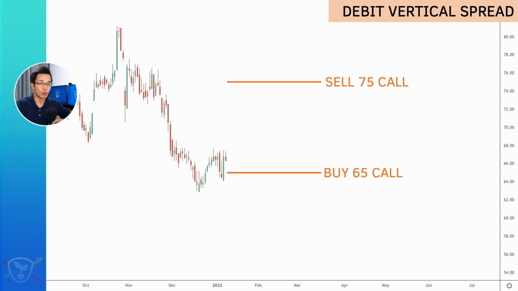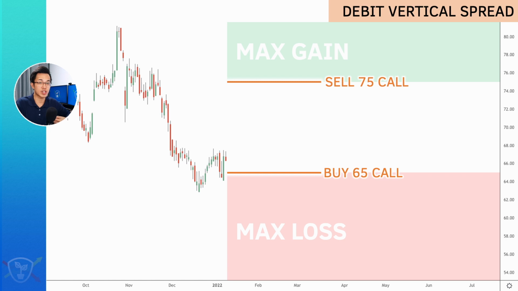Now, what about the bull call spread? In this scenario, I will only make the max gain if the share price increases above $75 by the expiration date. I will incur the maximum loss if the share price is below $65 by the expiration date.